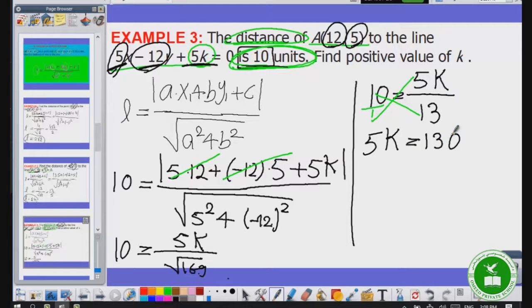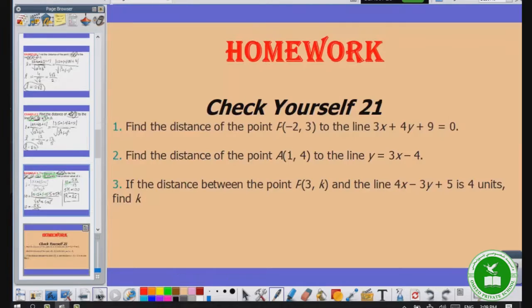To get the exact value of k, we should divide both sides by 5. If we divide both sides by 5, then k will be equal to 26. 26 is the value of k. I hope this example is clear to you.